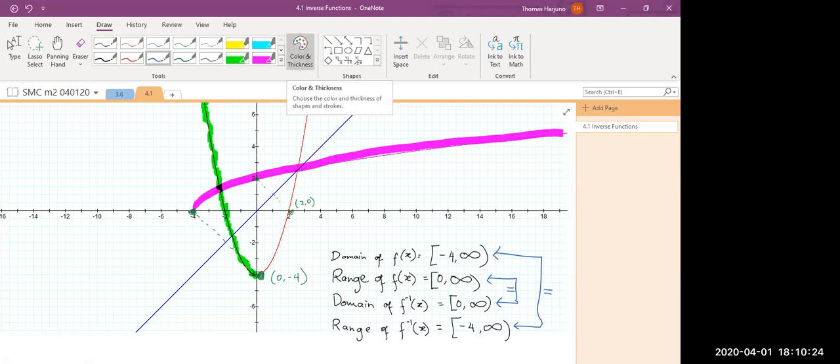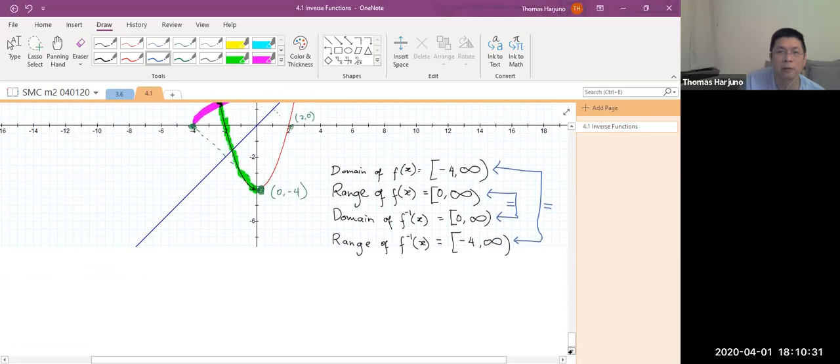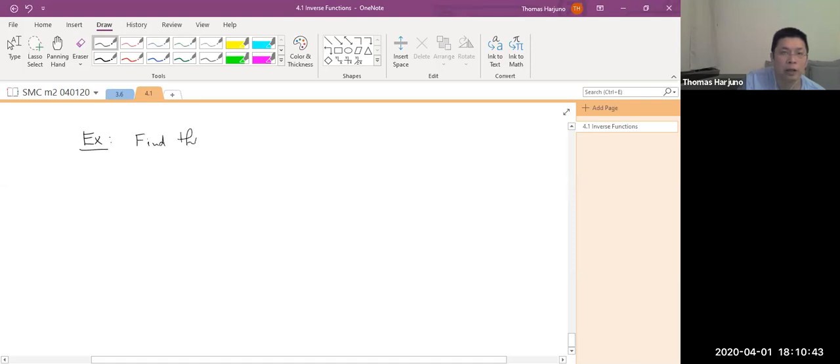Yes. Okay. Now, this gives us another method to answer the following question. Suppose, for example, I want to find the range of f(x) equals 2x minus 3 over 4x minus 5.